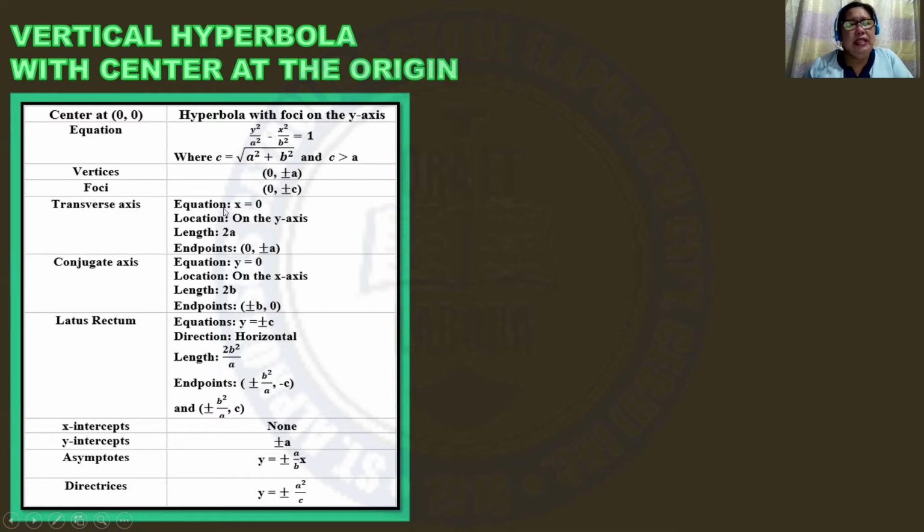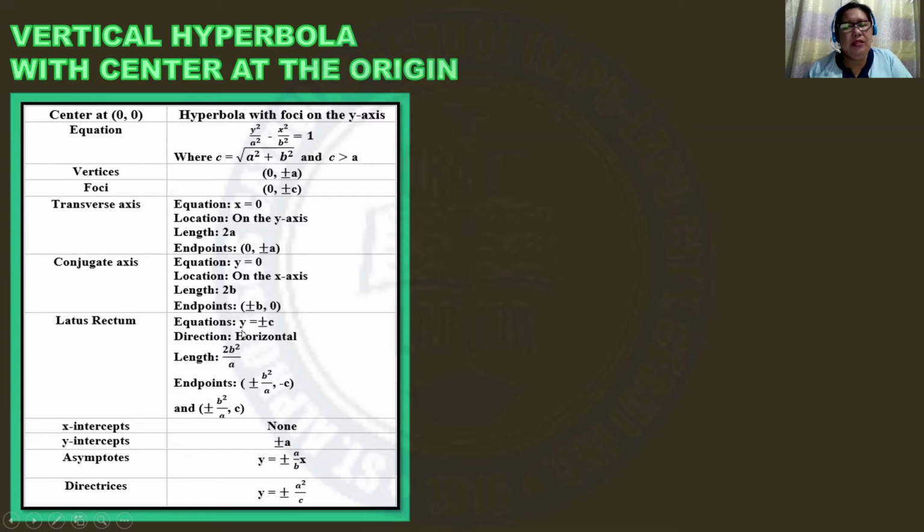For the transverse axis, we have x is equal to 0. The location is on the y-axis. The length is 2a. Endpoints 0, positive, negative a. For the conjugate axis, the equation is y is equal to 0. The location is on the x-axis. The length is 2b. The endpoints are positive, negative b, 0.